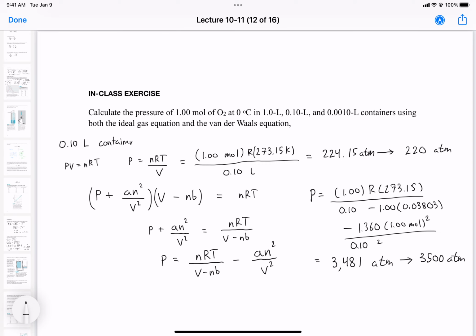Maybe I did something wrong here, because the number I got is a little bit off.